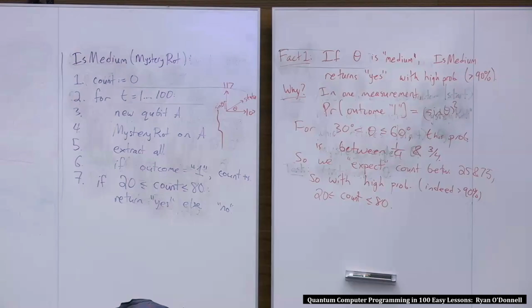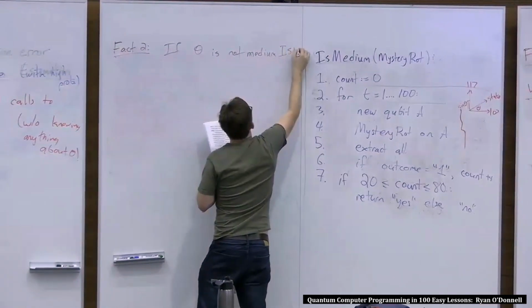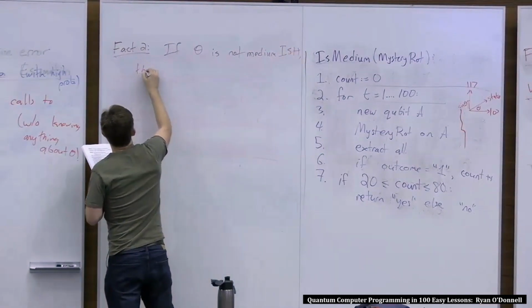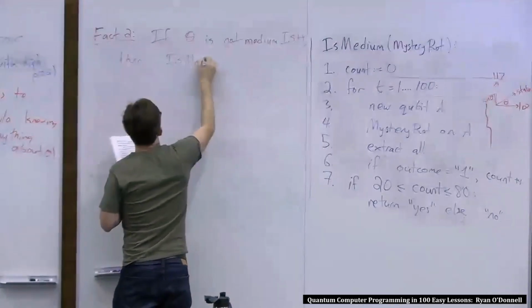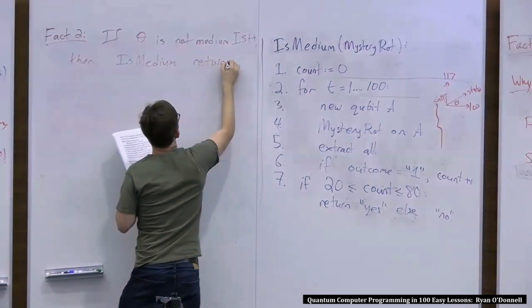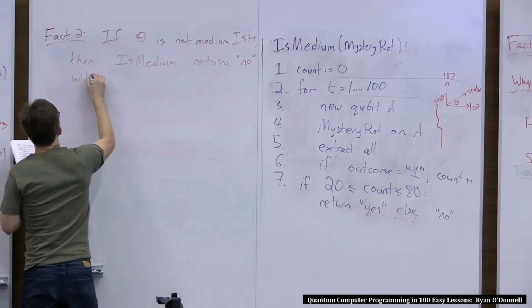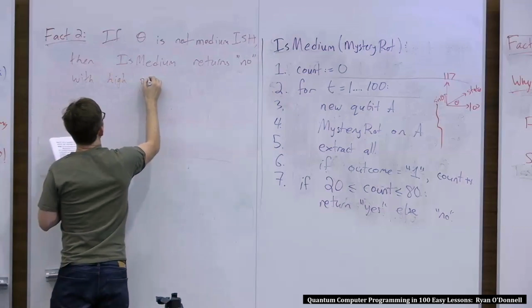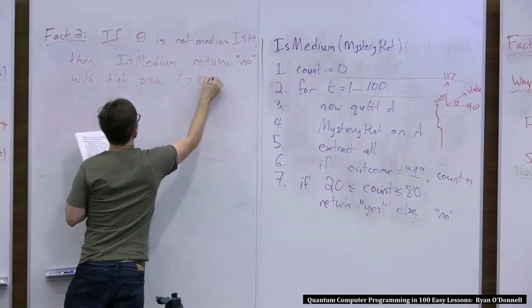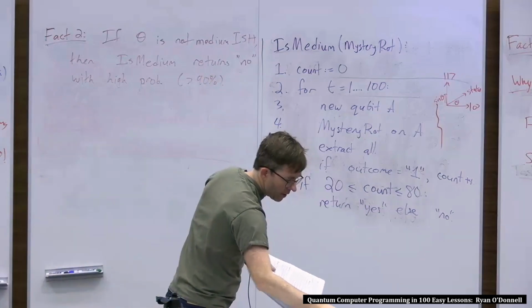Fact 2. If theta is not medium-ish, then the is-medium algorithm returns no with high probability. Again, let's say bigger than 90%, where medium-ish is another new term I invented.